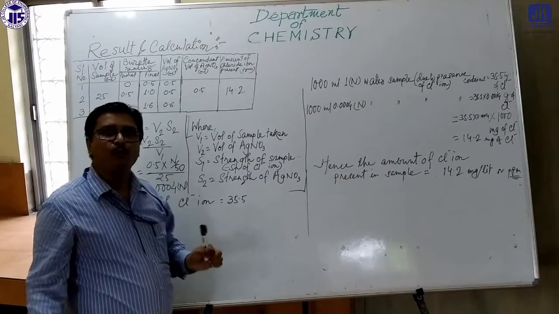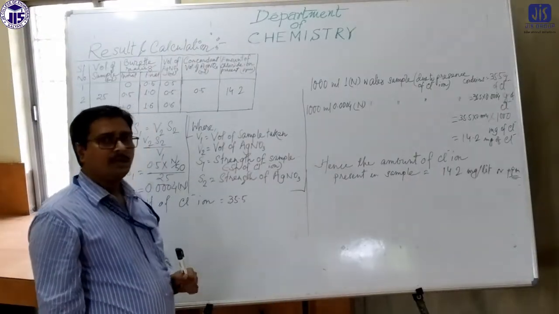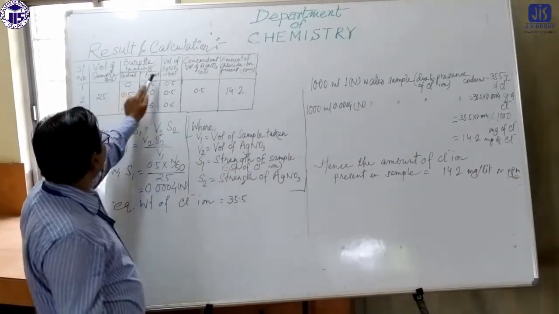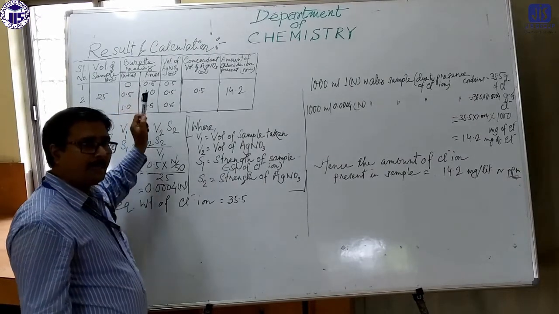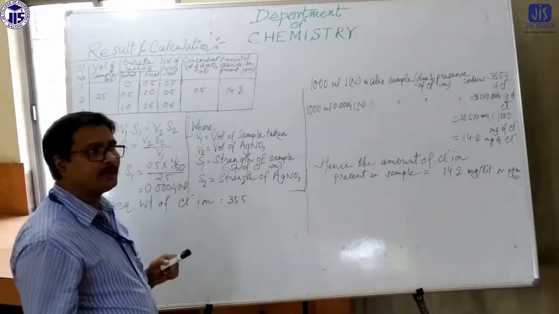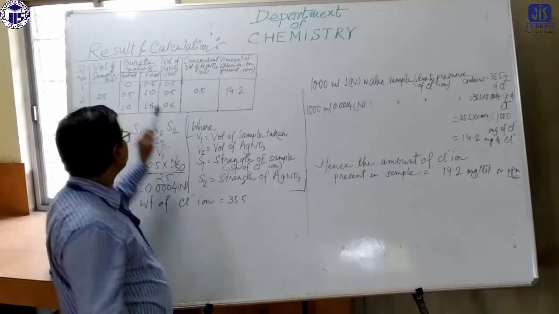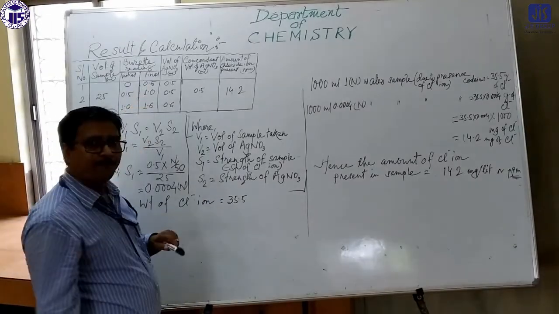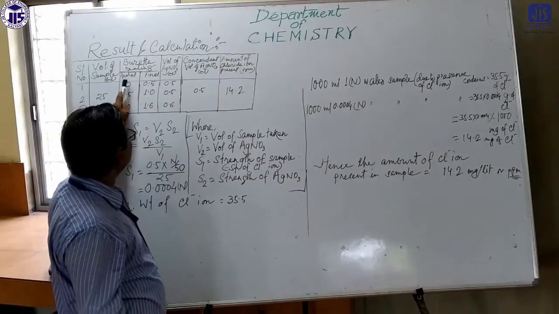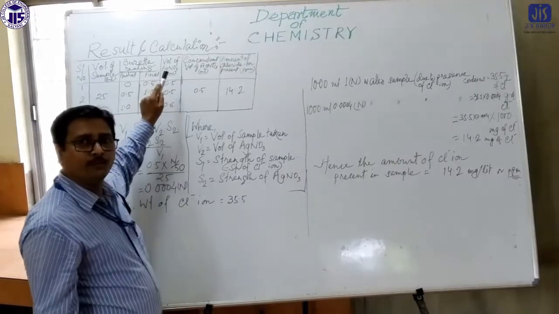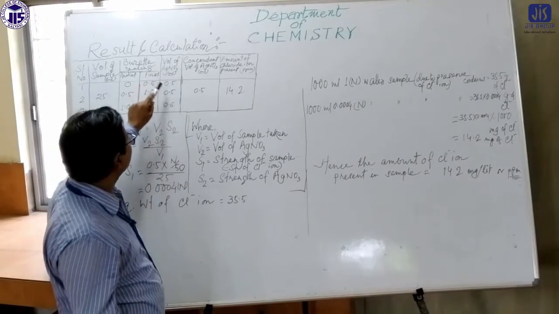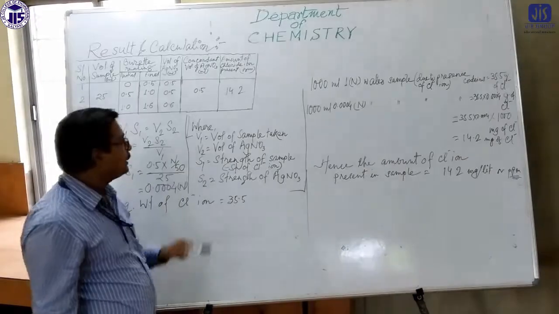The next column is burette reading, initial and final reading. Suppose initial reading is 0, and for this calculation the final reading is say 0.5. So final minus initial, you get the volume of silver nitrate consumed, that is 0.5.